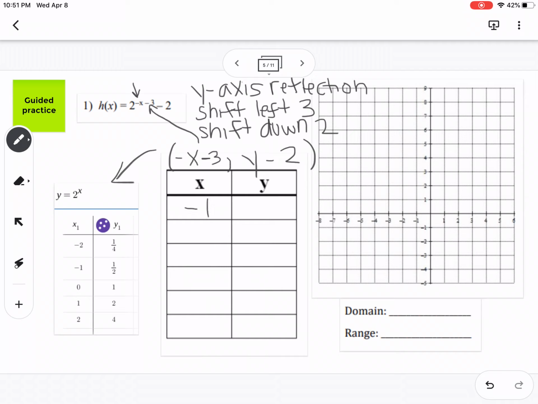If we plug in the original 1/4, 1/4 minus 2 is -1 3/4, or -1.75. If we plug in -1, we get +1 minus 3, so we get -2, and then we get -1.5. We plug in 0, we get -3.